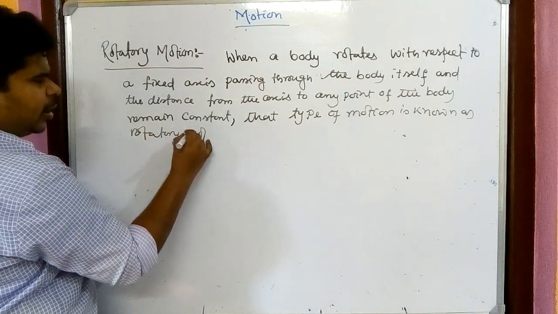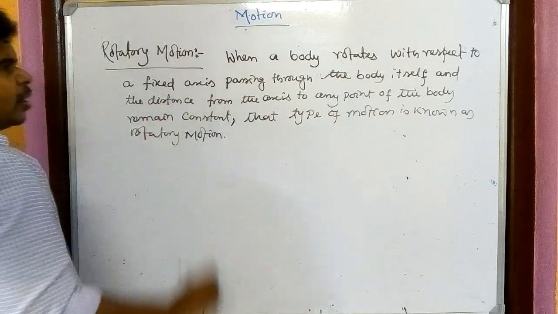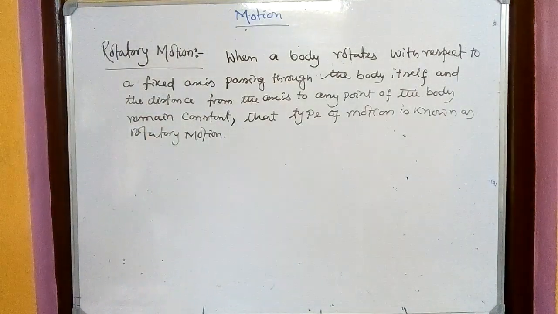So it's a little large definition. When a body rotates with respect to a fixed axis passing through the body itself, and the distance from the axis to any point of the body remains constant, that type of motion is known as rotatory motion.